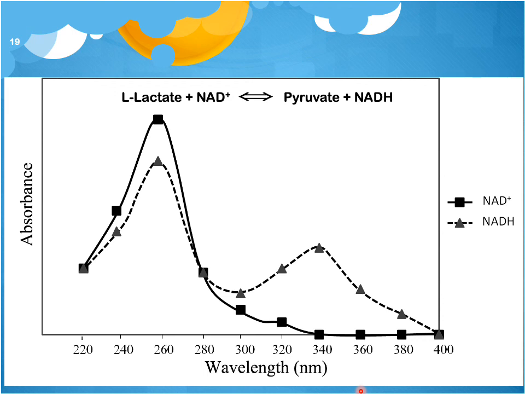Therefore, we can determine the direction and quantitative rate of reaction by monitoring the absorbance of NADH at a wavelength of 340 nanometers. For example, if the reaction favors the reduction of NAD+ to NADH, then the absorbance will increase over time. In contrast, if NADH is oxidized to NAD+, the absorbance value at this wavelength will decrease over time.